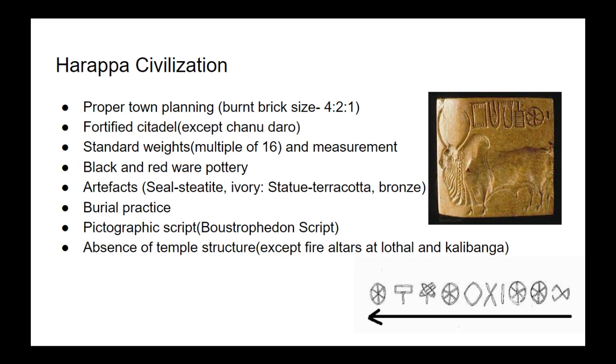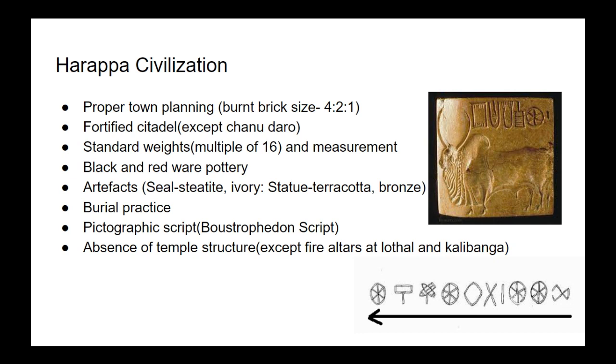What were the common characteristics we will see in this slide. In different sites we found proper town planning. The buildings were built using burnt brick with brick size of length, width, and height in ratio of 4 is to 2 is to 1.